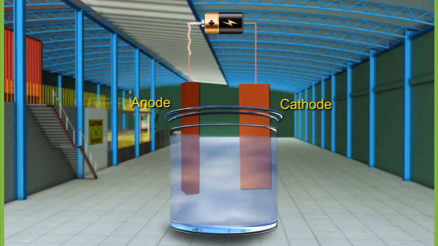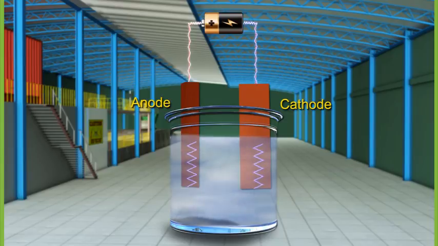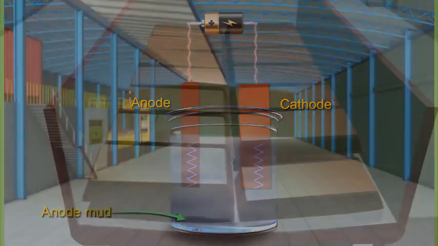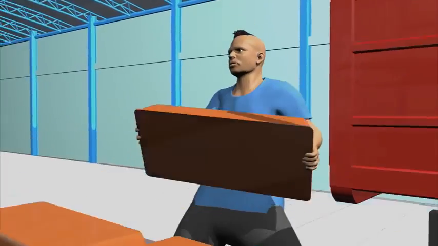Now pass electric current through the electrolyte. Pure copper is deposited at the cathode, whereas impurities settle down near the anode, called anode mud. Thus, pure copper metal is extracted from copper pyrite.